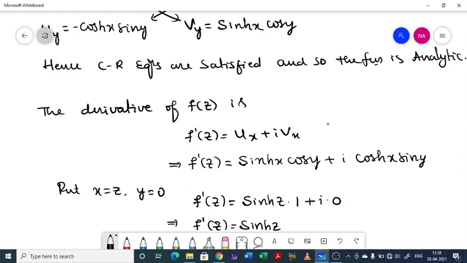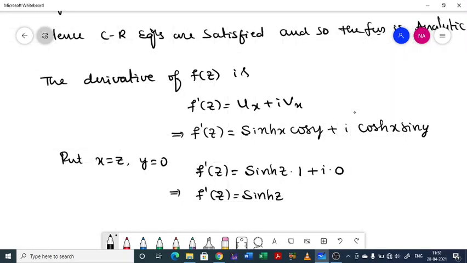See, as I said already, derivative of cos hx is sin hx. There is no change in the sign. Similarly, derivative of cos hyperbolic z is equal to sin hyperbolic z.